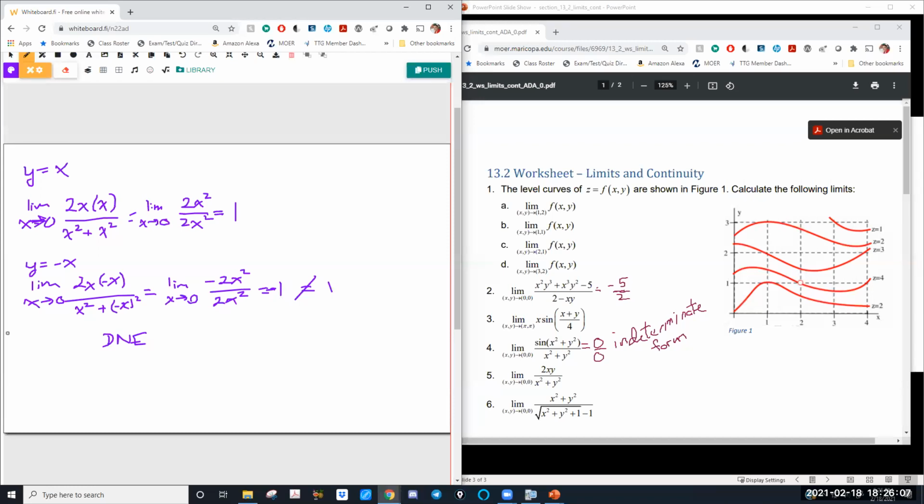They don't cancel in the denominator, because the negative x times negative x is a positive x squared. Let's put this in parentheses, because what we're doing is replacing y with negative x, and then it's being squared.